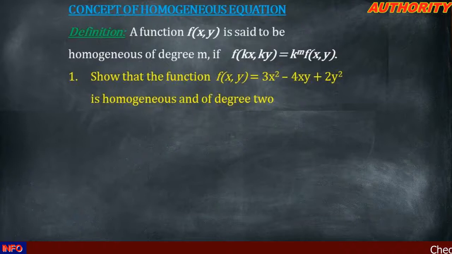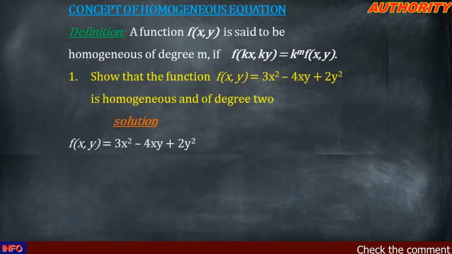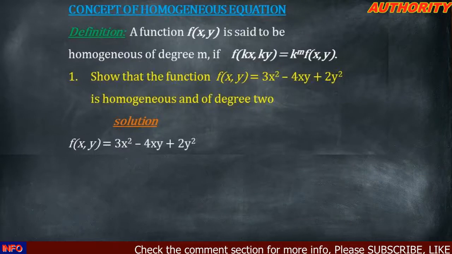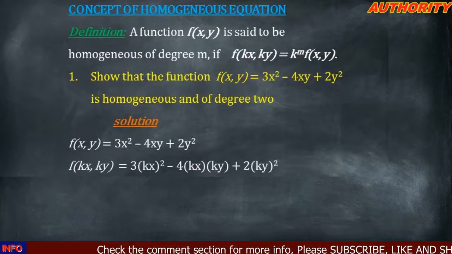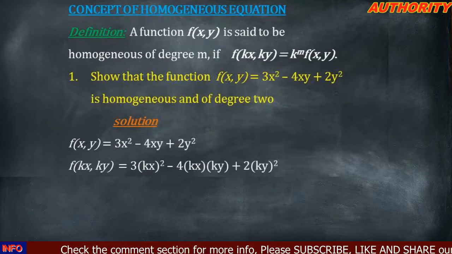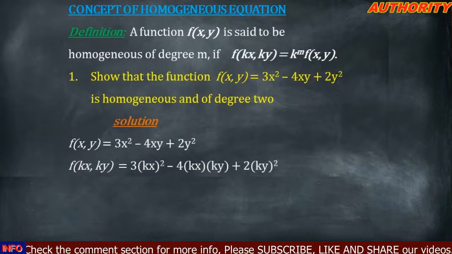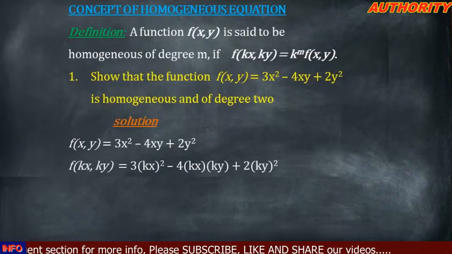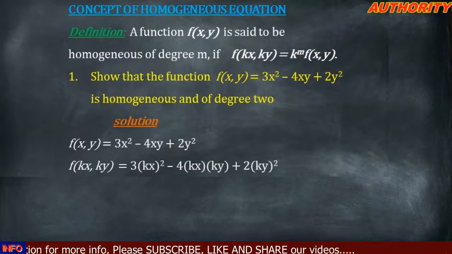Now let's go. Solution. We have the function f of x, y equals 3x squared minus 4xy plus 2y squared. Now let's have our constant k. Let's pass it in this form. We have f of kx, ky. That is to say, in this function, anywhere we see x, we're going to replace it with kx.